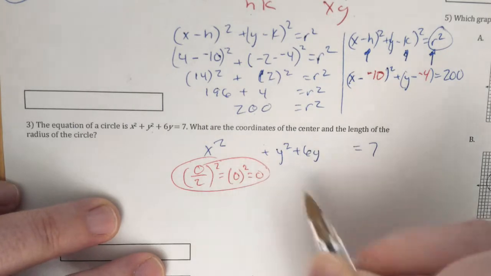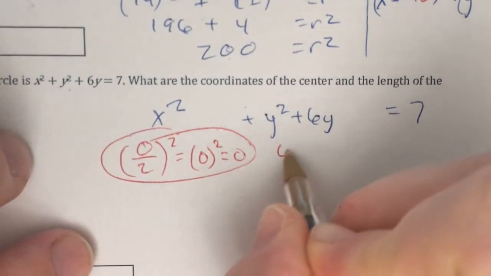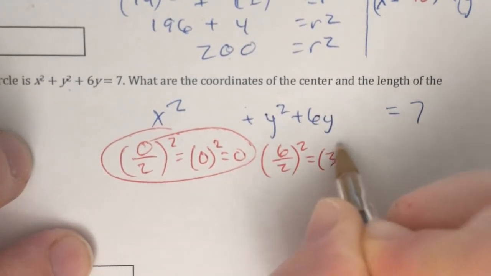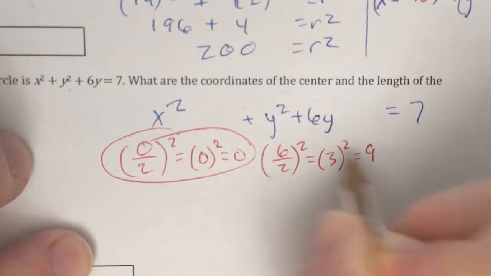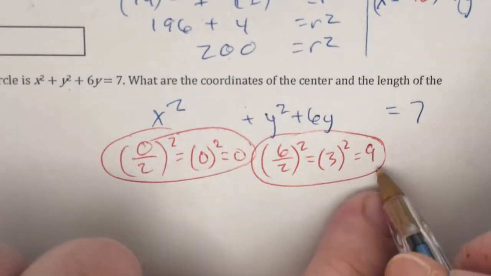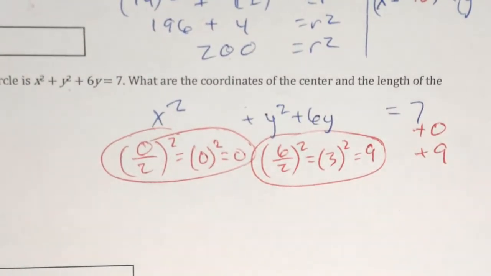That's our first bubble thought. Over here, you take a positive 6 over 2 squared, so you divide that by 2, equals 3 squared, which is equal to 9. That's your second bubble thought. Your third bubble thought, whatever your whole numbers you got at the end, just add that to here. So we're adding 0, we're adding 9. So those are your 3 bubble thoughts.